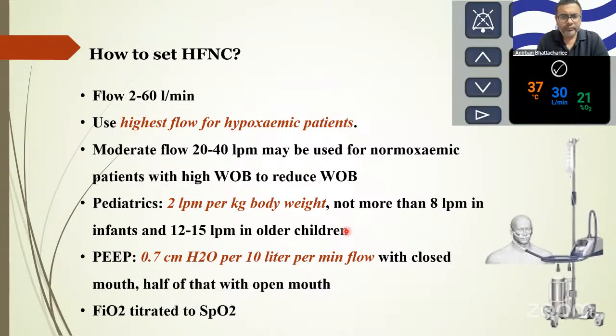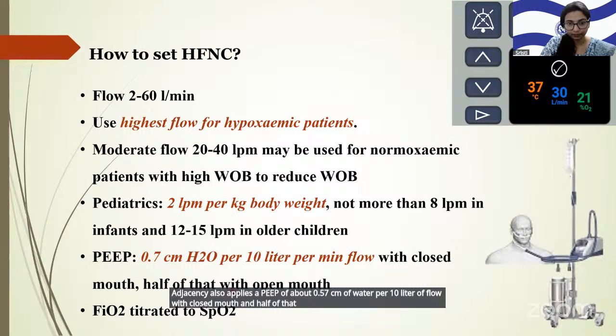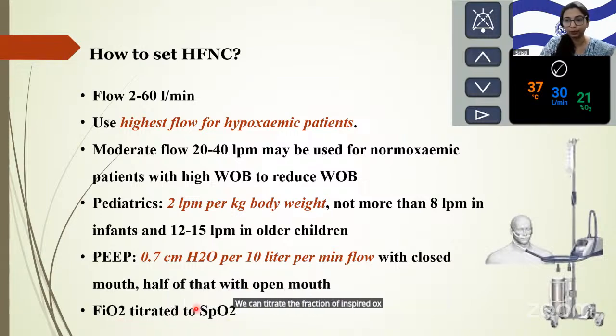HFNC also applies a PEEP of about 0.5 to 1 centimeter of water per 10 liters of flow with closed mouth, and half of that with open mouth. We can titrate the fraction of inspired oxygen to the SpO2 of the patient. Right.